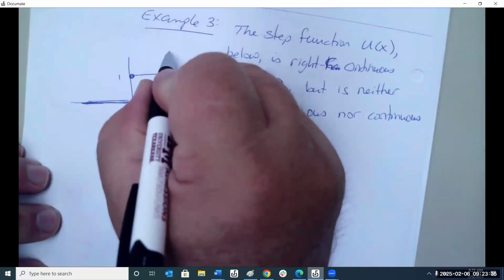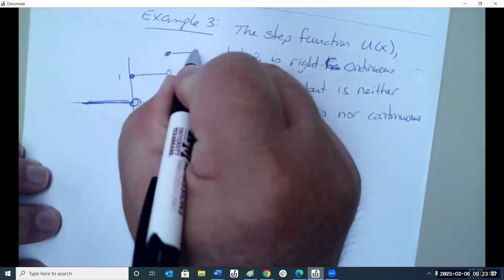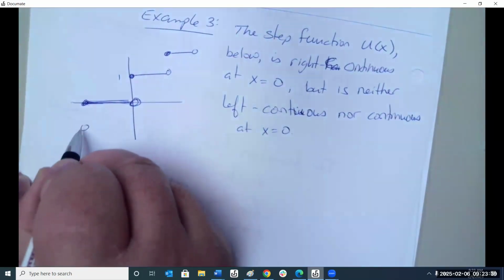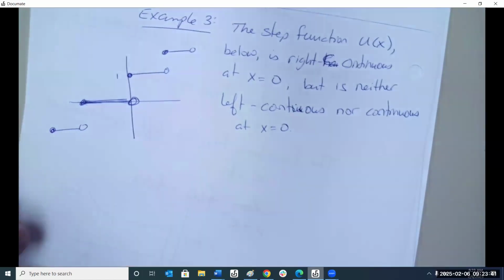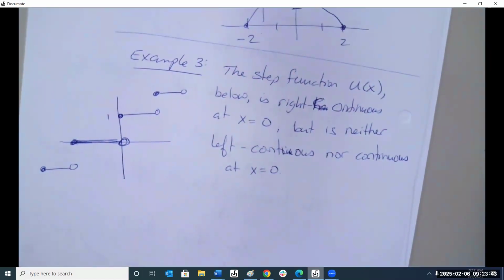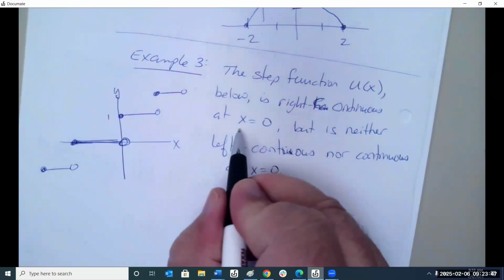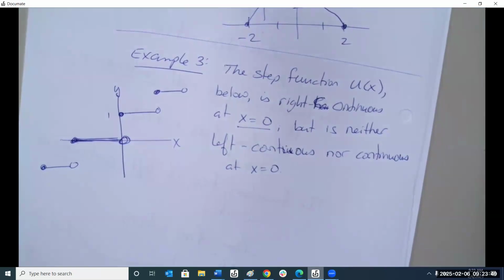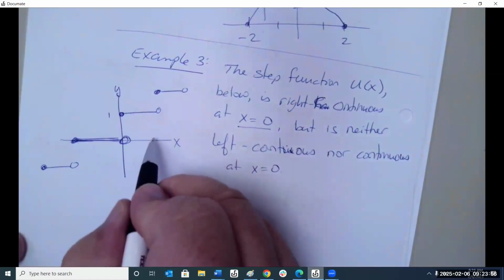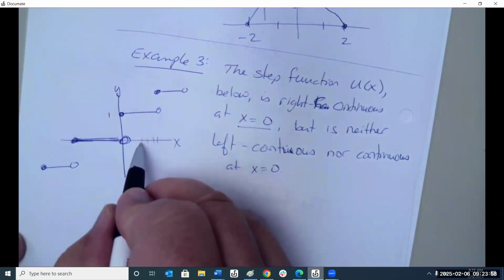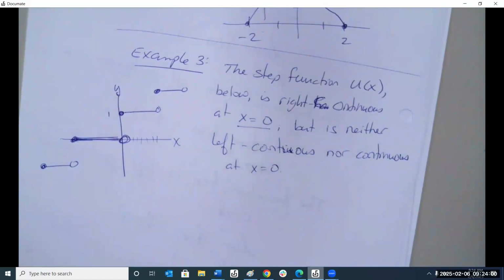So a step function looks like this. That's what a step function looks like. We're only looking at x equals 0. Is it right continuous? As I come to 0 from the right, why is it right continuous?